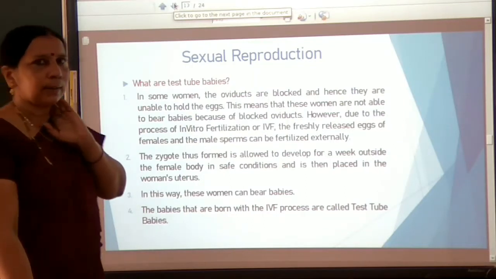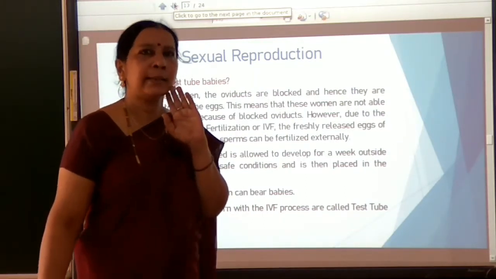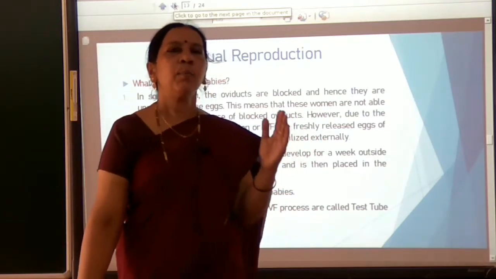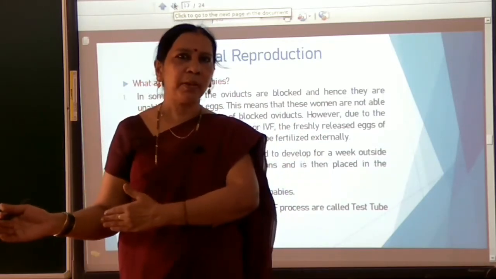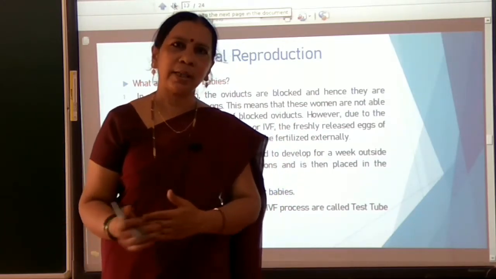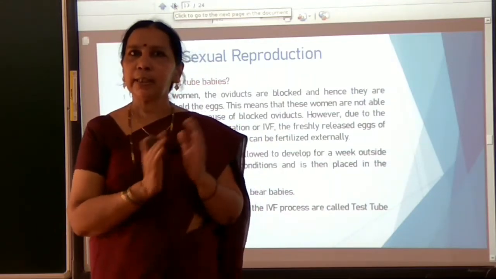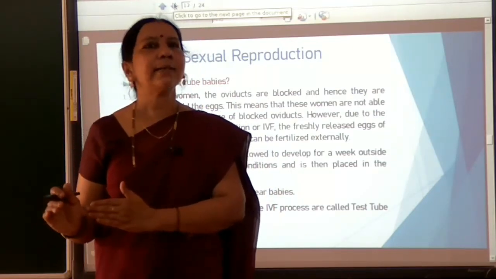Now this is about how internal fertilization takes place in hens. Here, fertilization in birds is internal, but once they lay their eggs, further development takes place outside the body. So we say in birds fertilization is internal, but the development takes place externally.